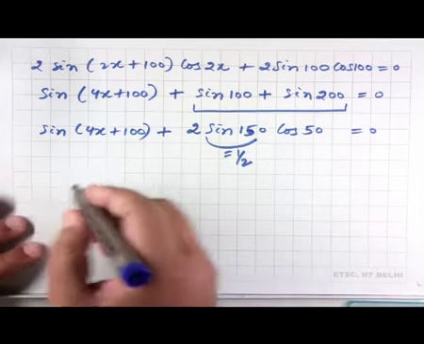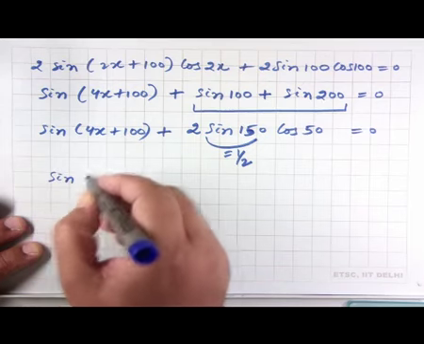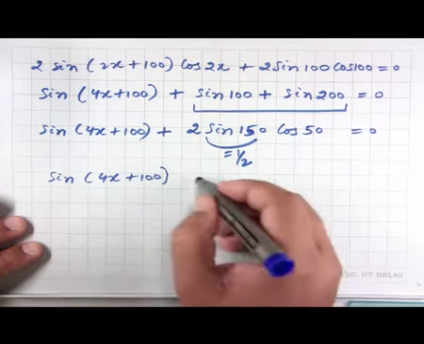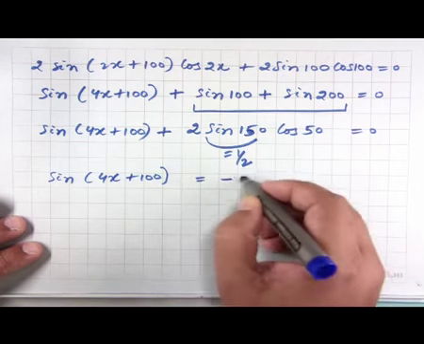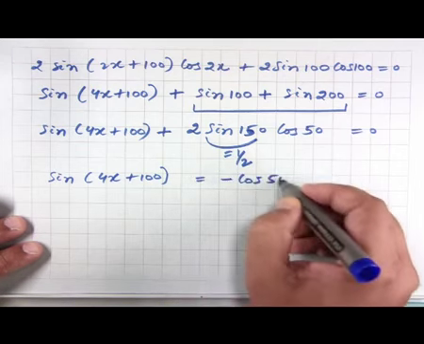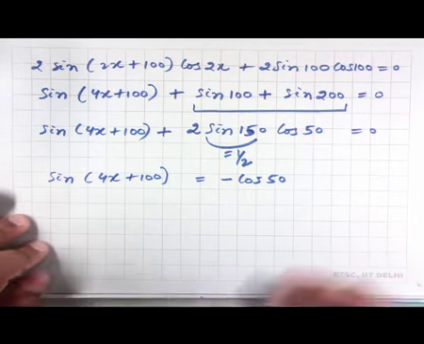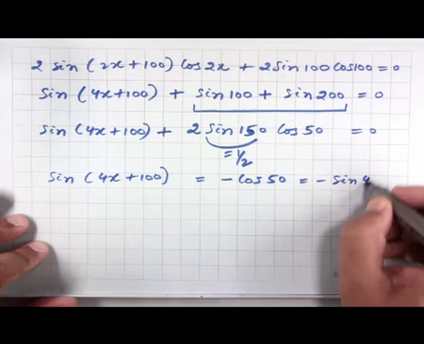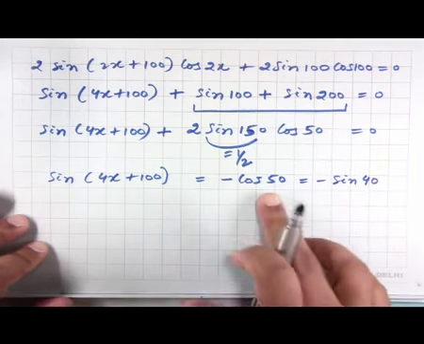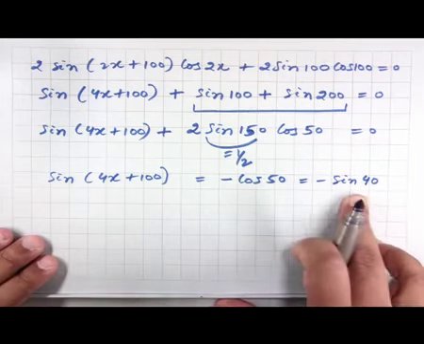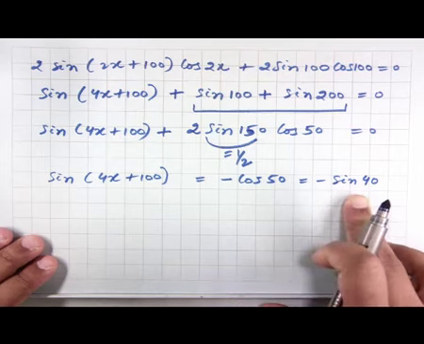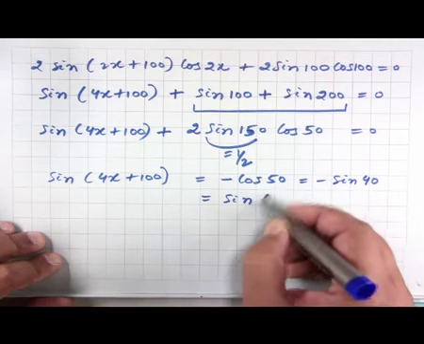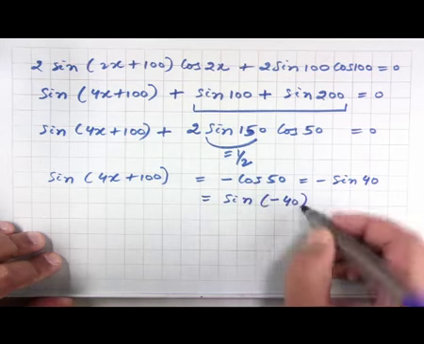Therefore, what we have is sine of 4x plus 100 is equal to minus of cos of 50 degrees, which is minus of sine of 40 degrees, because cos of 50 is the same as sine of 40, which can also be written as sine of minus 40 degrees.